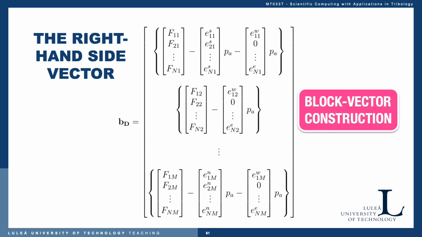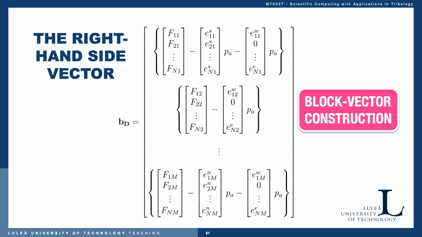The right hand side vector will contain not only the Fij values, it will also contain the coefficients times the boundary conditions. And it will be looking like this. Because this is also a block construction, but a block vector construction, one can think of it this way.